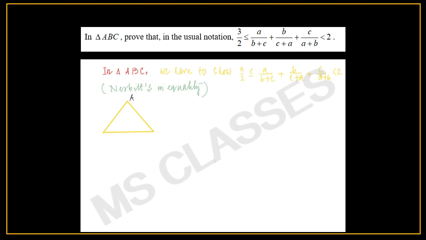So this is A, B, and C. Now opposite to vertex A, we have small a, which is the side BC. Opposite to vertex B, we have small b, and opposite to vertex C, we have small c.